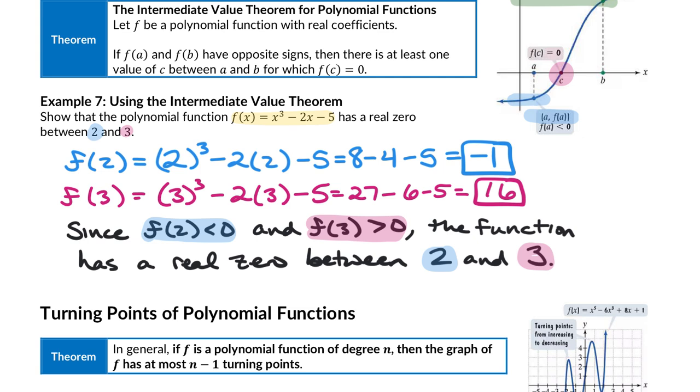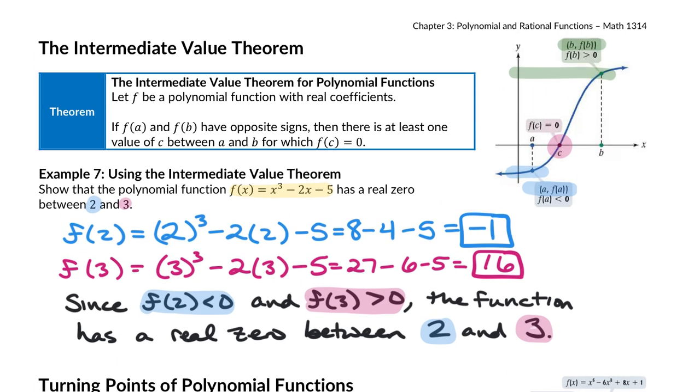And that'll help us graph, because if we know our x-intercept is negative and our y-intercept is positive, we'd be able to see that obviously somewhere there's a 0 in between those 2 values. That's the intermediate value theorem.